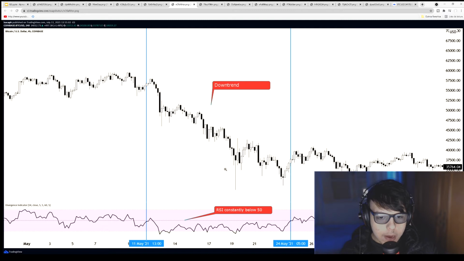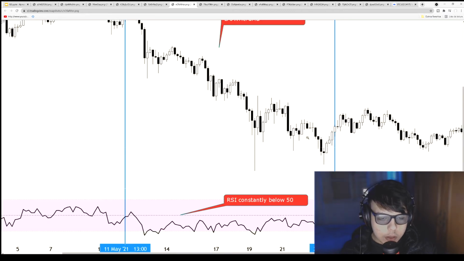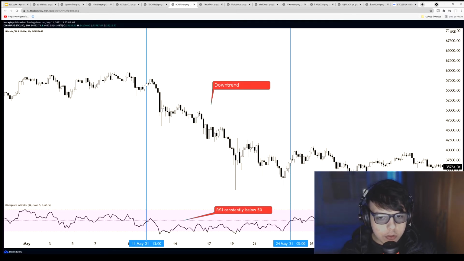If you compare the price action to the RSI here, you see that the RSI is constantly below the 50 line. And even if it tries to get above it, usually it just comes back down after that. This is something that usually happens in bearish periods like this.